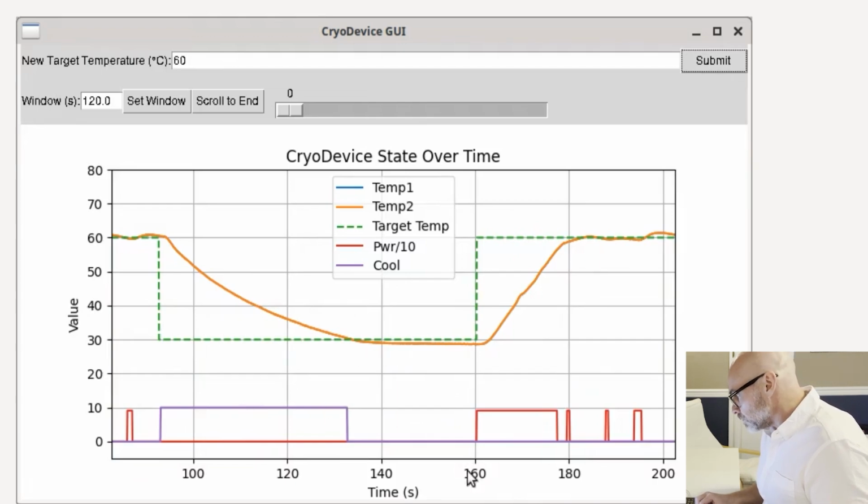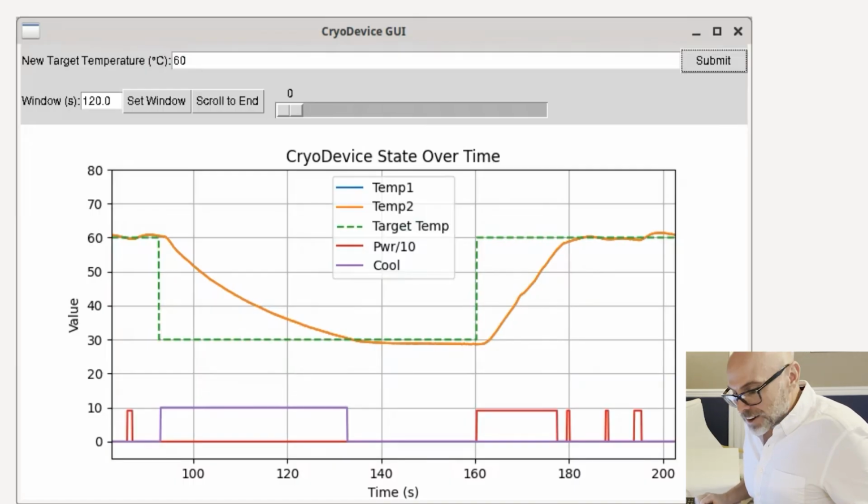And then I changed it and said, okay, now I'll go to 60 degrees again. And then it has to turn the power on and then turn the power off and then kind of needs to keep it on. So again, with this, there's a lot that can be improved, but it's time to move on. So maybe others I could bring on and they'll have time to keep improving this.